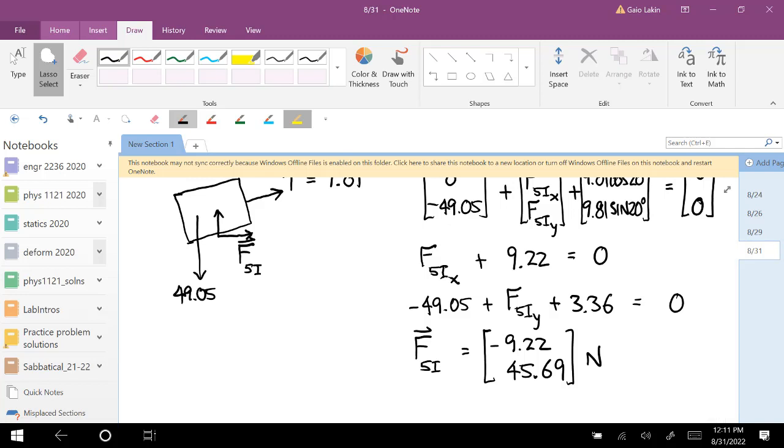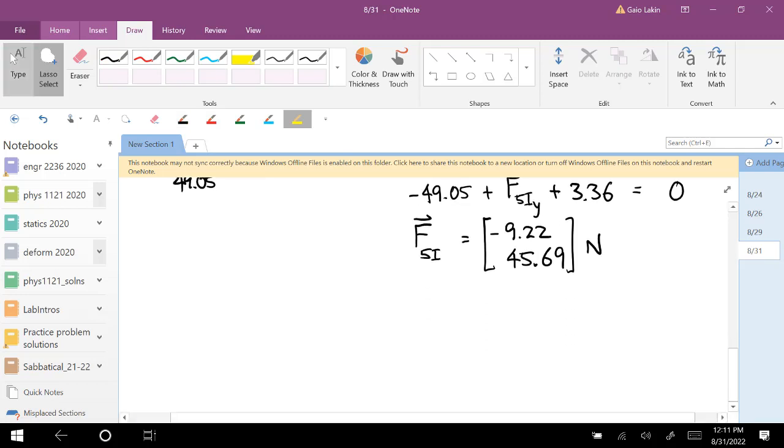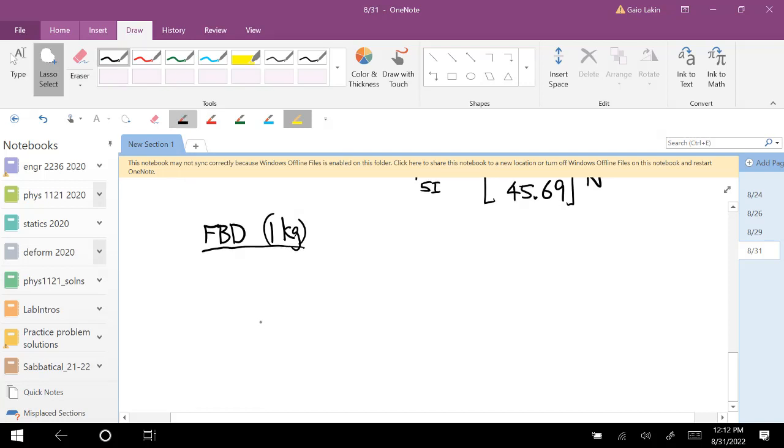We want to calculate the external loads on both of these bodies. So we can go back to the free body diagram now and plug in these things we just calculated. So free body diagram of the 1 kilogram. There's a downward force of 9.81 and an upward force of 9.81. And free body diagram of the 5 kilogram.